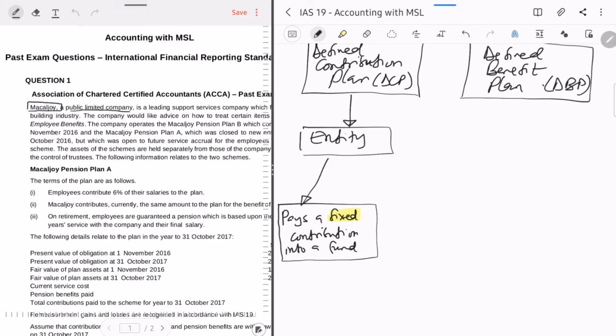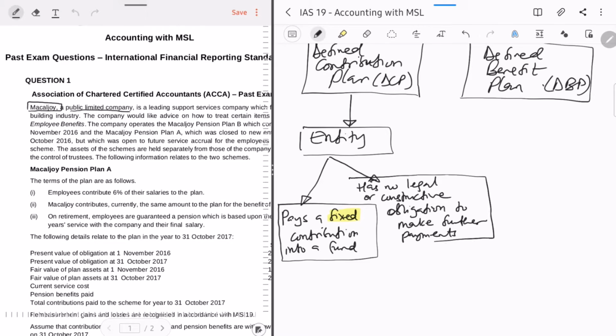The entity has no legal or constructive obligation to make further payments.